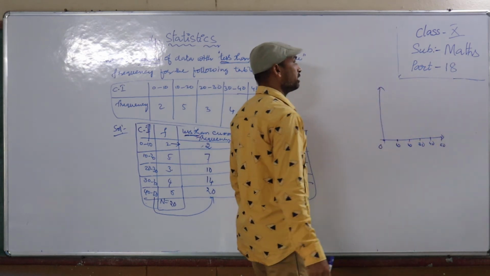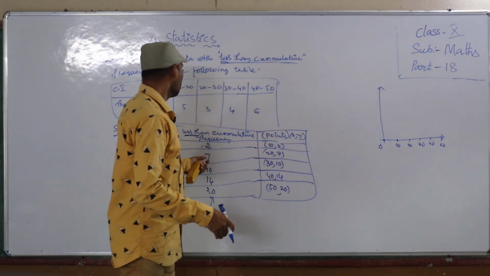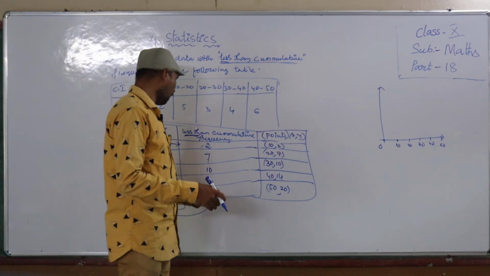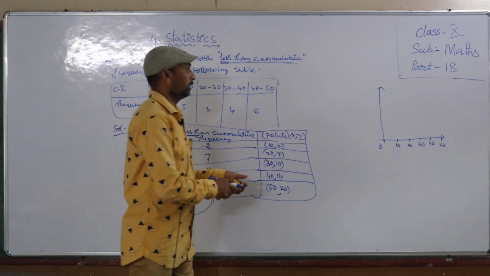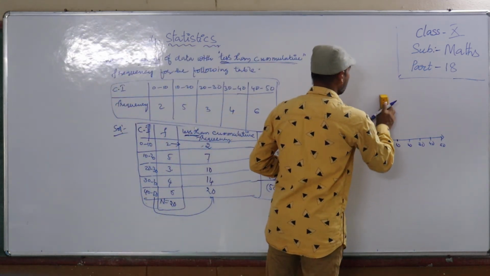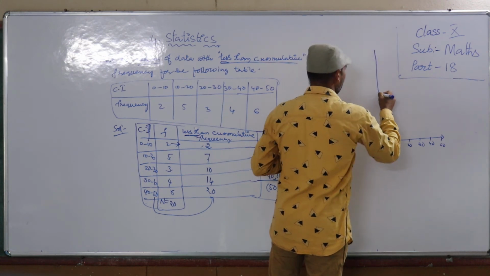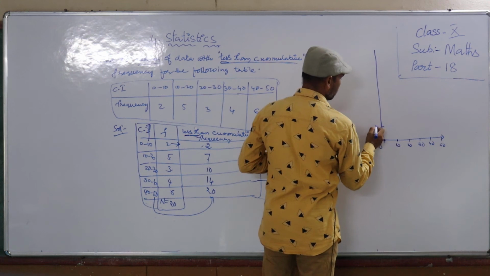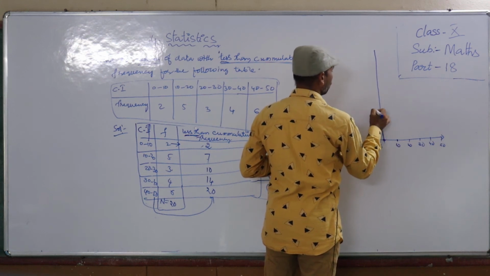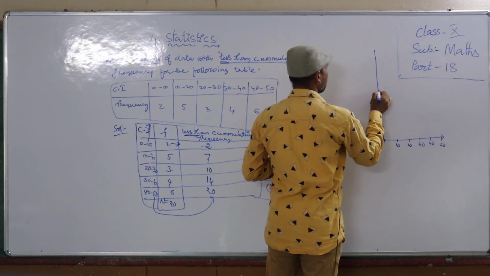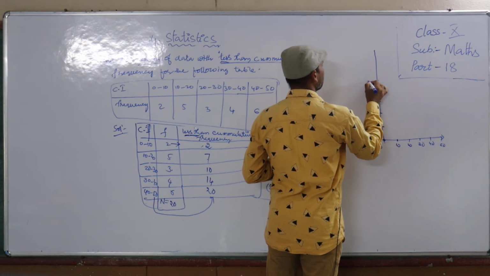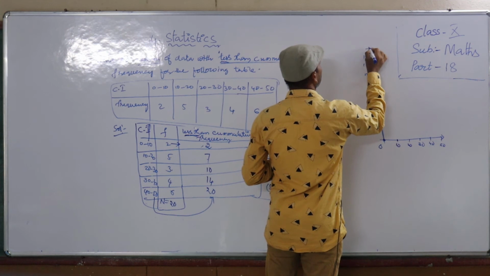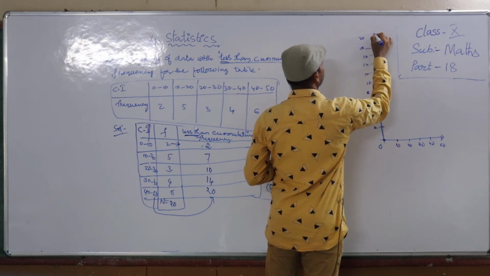On the y-axis, the less than cumulative frequency, the highest value is 20, so take each centimeter as 2 units: 2, 4, 6, 8, 10, 12, 14, 16, 18, 20.